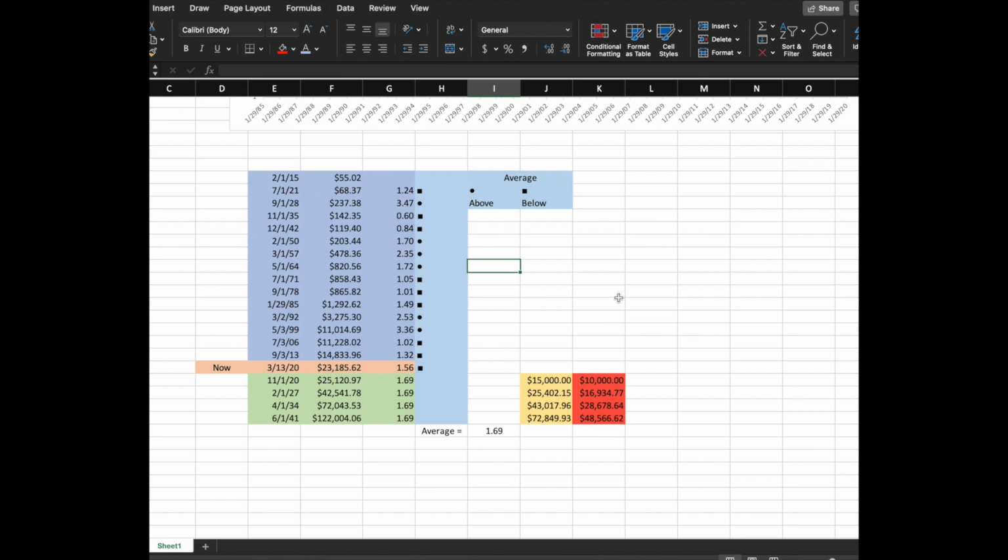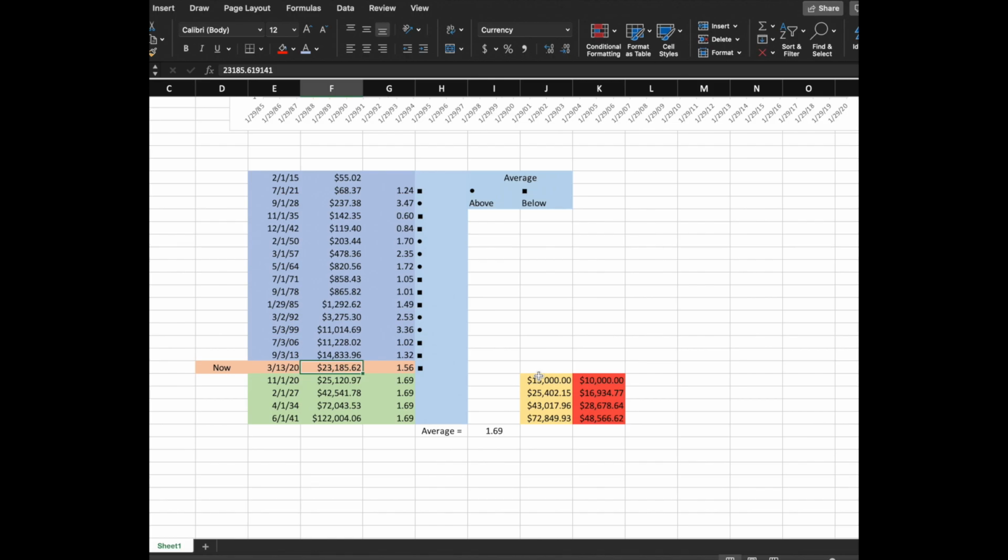And now that we actually have this number of 1.69, we can use that to predict in a more precise way what could happen in the future. So currently, you guys can see right now, we're at about a 1.56 multiplier if we ended right now for the 7.2 years at 23,185.